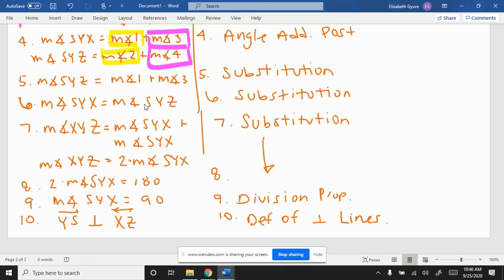And then if you have the bisector, you would know that they were cut in half. I would have to see what your reasons were, but it should work.